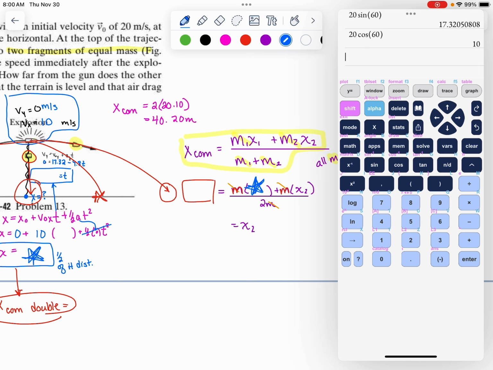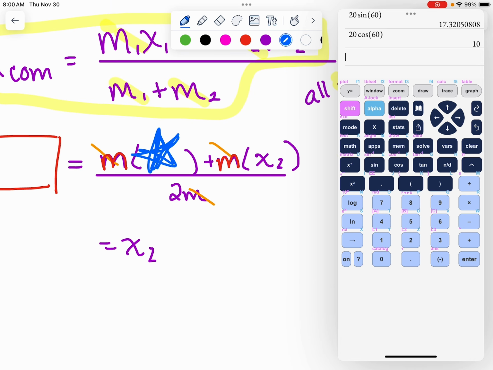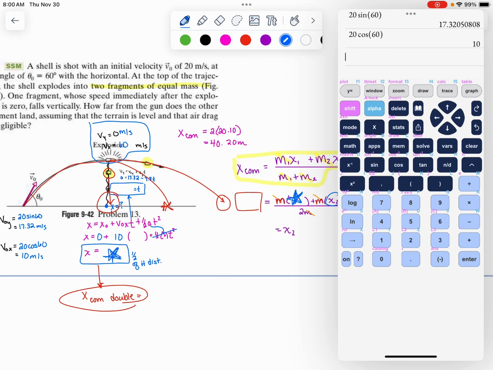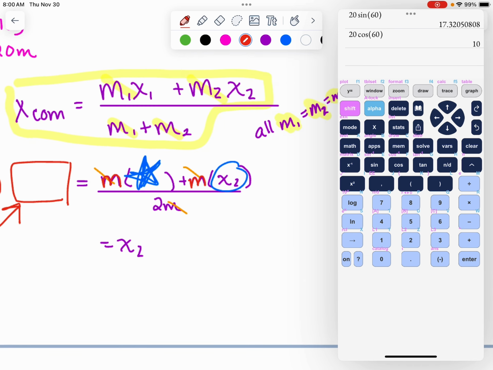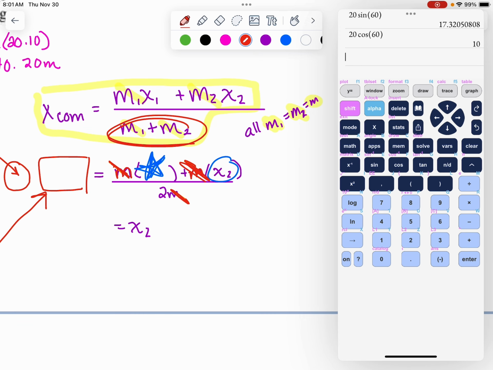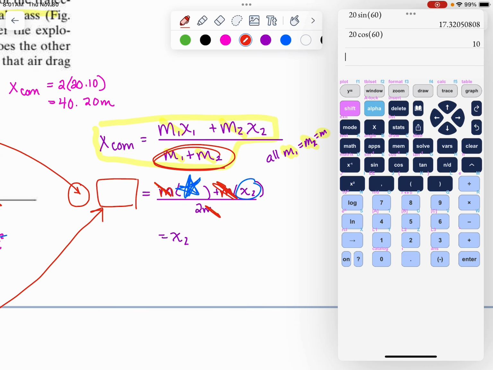And then our goal is to figure out where the second mass lands. That's why I didn't fill in for X2. And remember, this red goes in here. And then since these were both M's, this becomes 2M. And now since you have a common factor of M, all your M's cancel, multiply by 2, do some awesome subtraction, and that'll tell you where the second fragment will land.